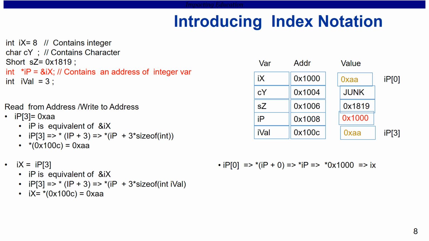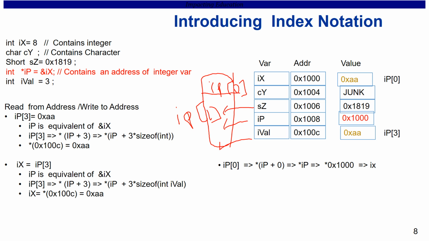As though there is an array: the first location is IP of 0, this location is IP of 1, this location is IP of 2, and this location is IP of 3. Just because of one pointer assignment, you can treat the whole memory location as an array.